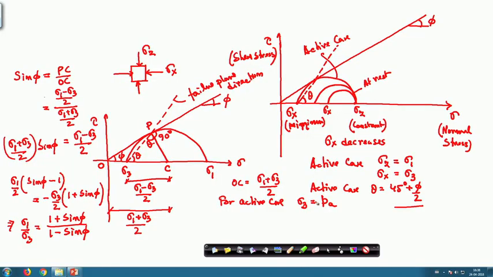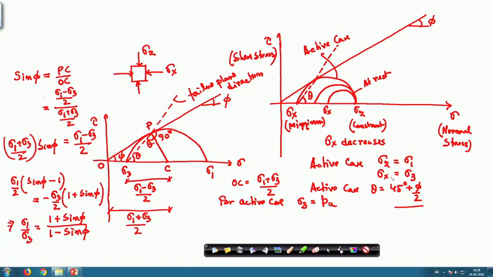So, I can write that sigma 3 here is equal to P A, because the sigma x is acting in the lateral direction, and for the active case sigma x equal to sigma 3. So, sigma 3 is equal to P A, and sigma z will be gamma into z at any depth z.